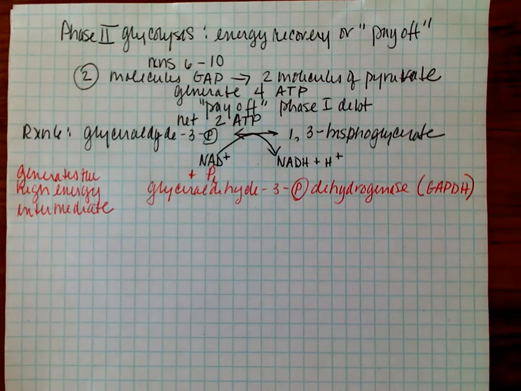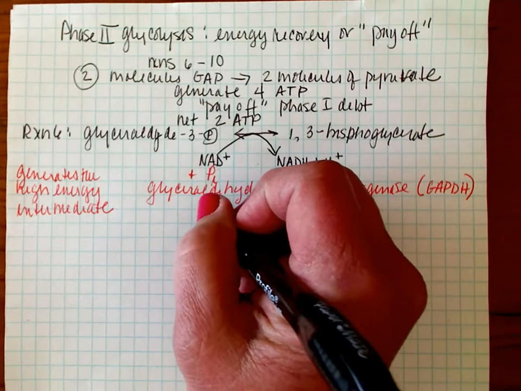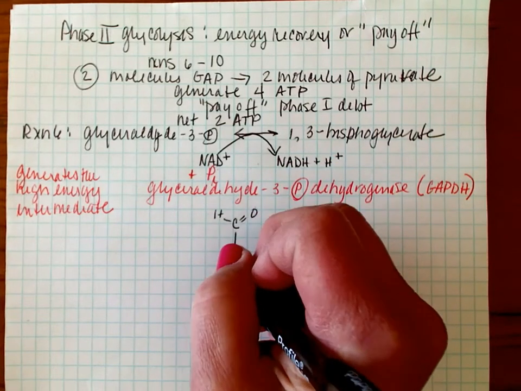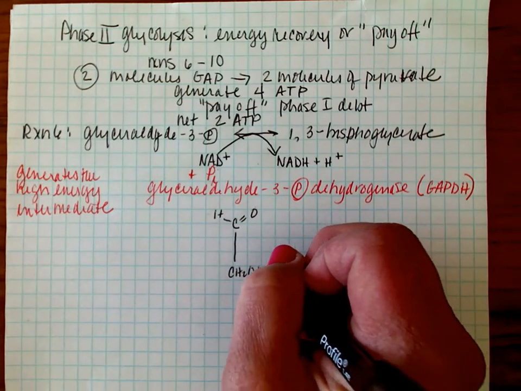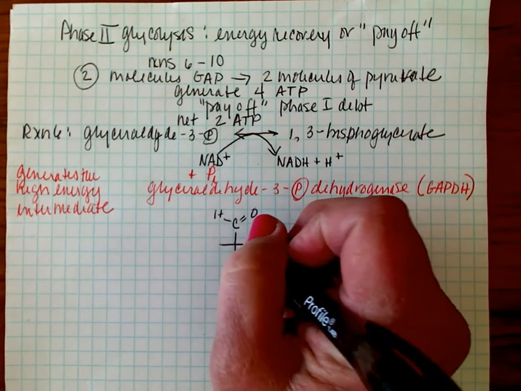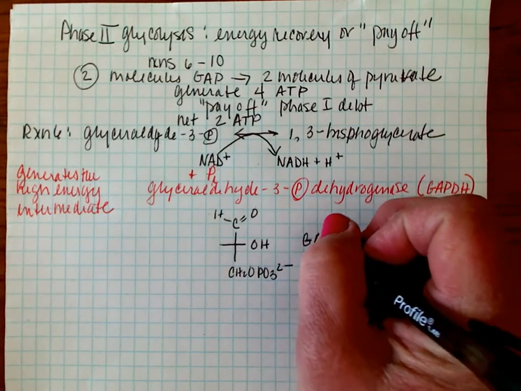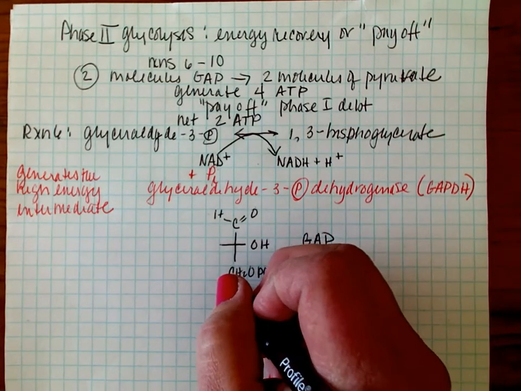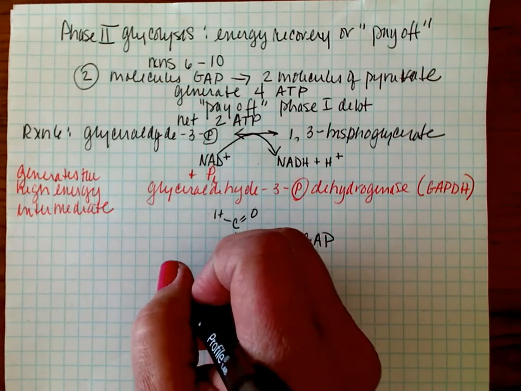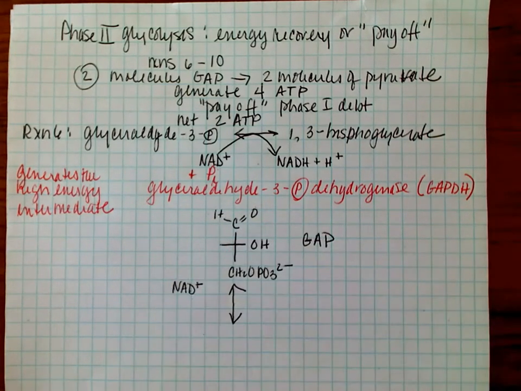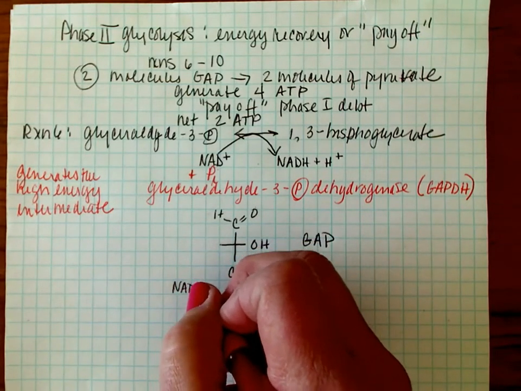Okay. So, beginning with glyceraldehyde 3-phosphate, or GAP, and we have that NAD+ and inorganic phosphate.